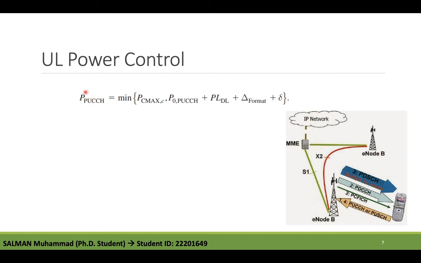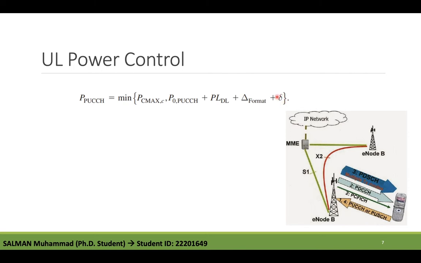And in this expression, the term P subscript PUCCH is the transmit power to use in a given subframe, and the PL subscript DL is the downlink path loss as estimated by the terminal. The minimum of P subscript C max, comma C, this term ensures that the PUCCH transmit power as determined by the power control will not exceed the per carrier maximum power, which is the PC max, comma C. This delta format is the offset for the format configuration by the network, and this delta is a very important term.